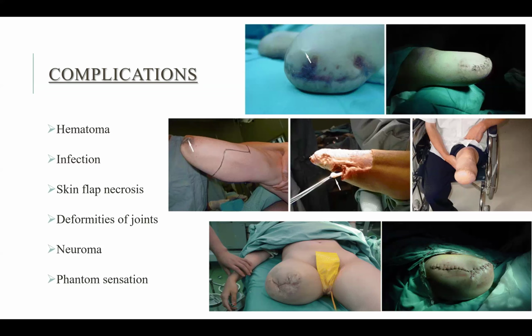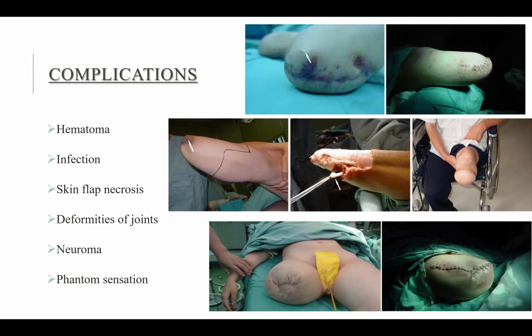Sir, by minimal wound debridement, we'll try, sir. What are the other options? Vac dressing, sir. Yes, vacuum dressing. You can open up the sutures, put a vac dressing, and once it heals, you can probably do a skin grafting or a secondary suturing.